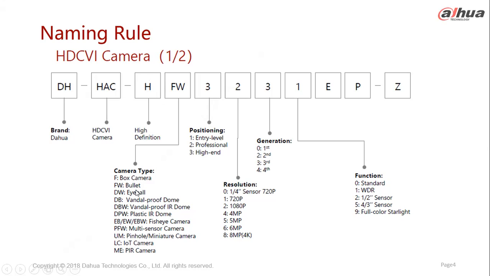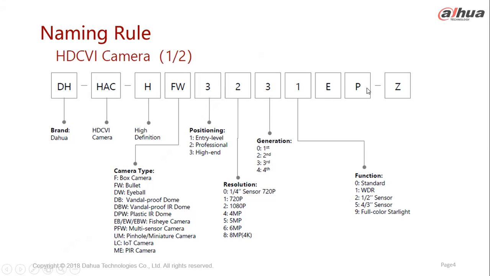Then the camera type: we have a dome, a bullet, a box, eyeball, etc. Then the position: here we're going to do just three, entry, professional, high end. Then the resolution and generation, which is more of the same information from the IP camera. It's not that hard for this side.